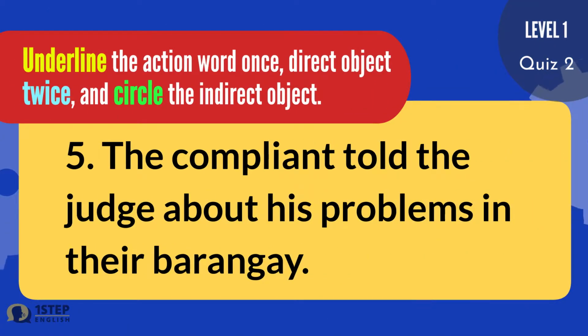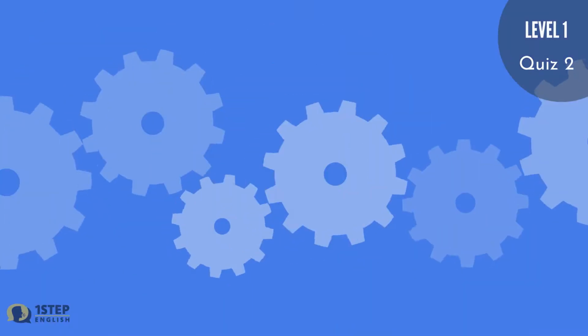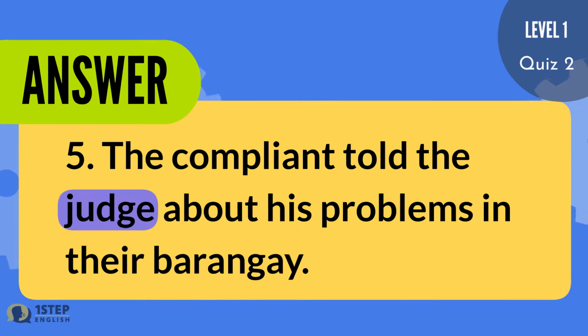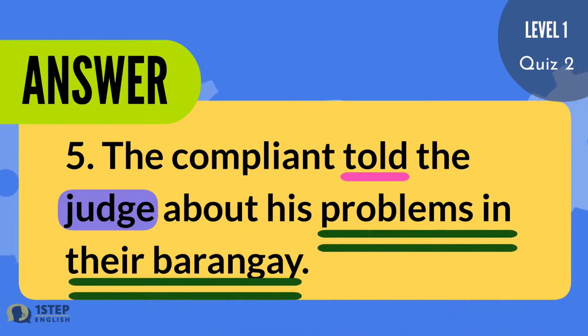Number 5. The complainant told the judge about his problems in their barangay. Judge is the indirect object. Told is the action word. Problems in their barangay is the direct object.